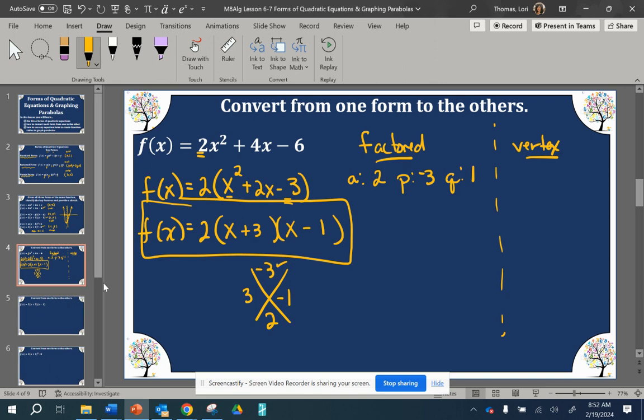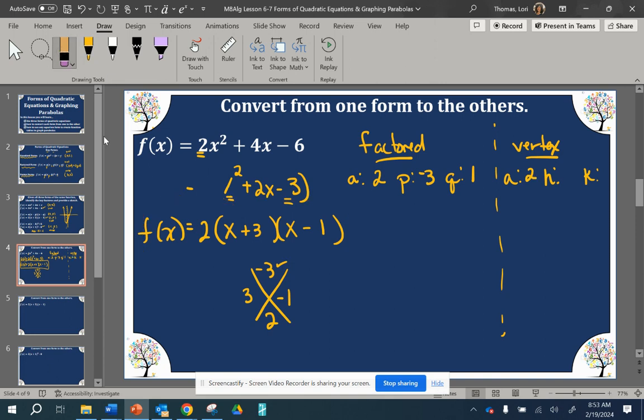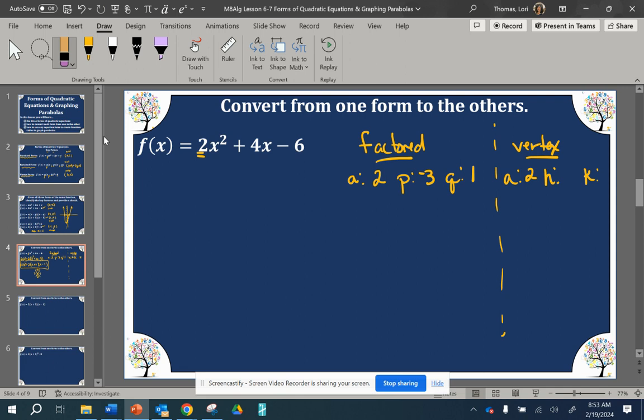Now let's convert this to vertex form. In vertex form, we need an a, an h, and a k value. Our a value is 2. We're going to go back to standard form. Each time we convert, we need to start with standard form. So with standard form, we need to find the vertex.